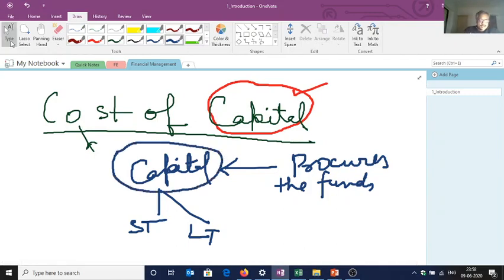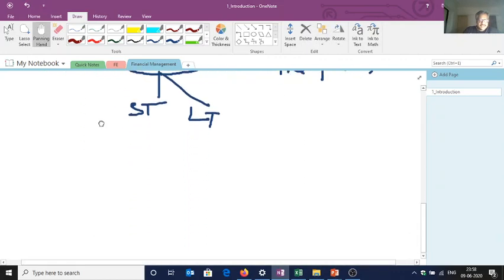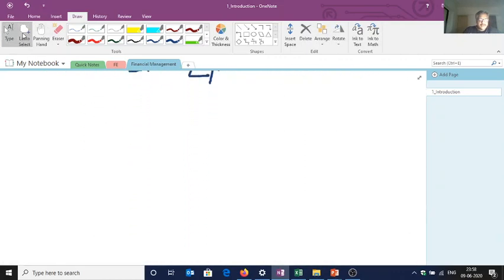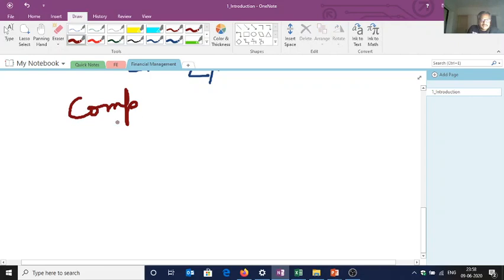You can also understand this in this way: money is coming into a company. Money comes by two channels.